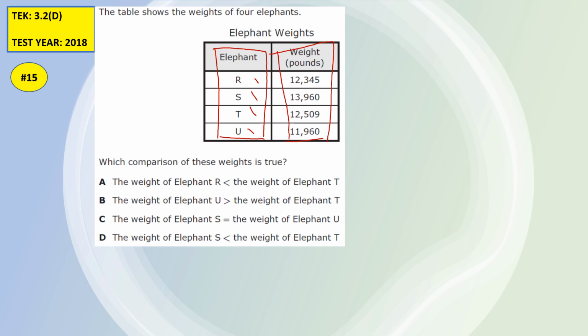Now the question asks, which comparison of these weights is true?